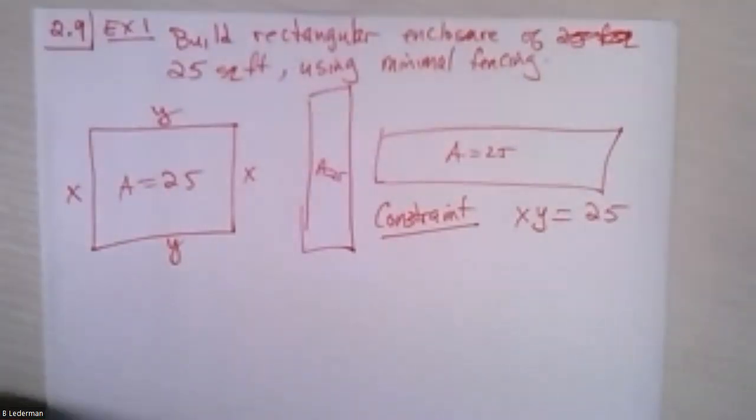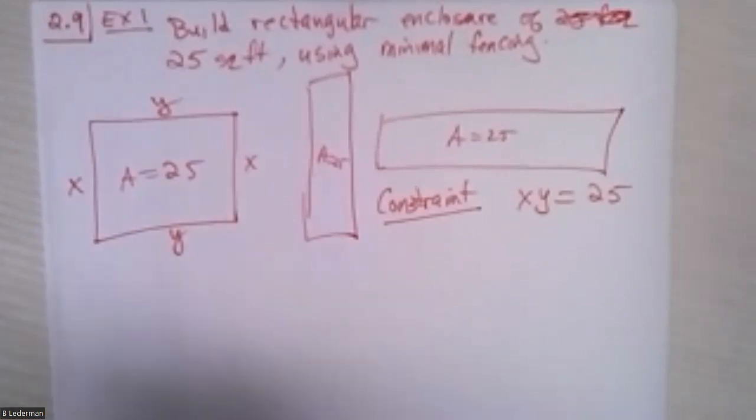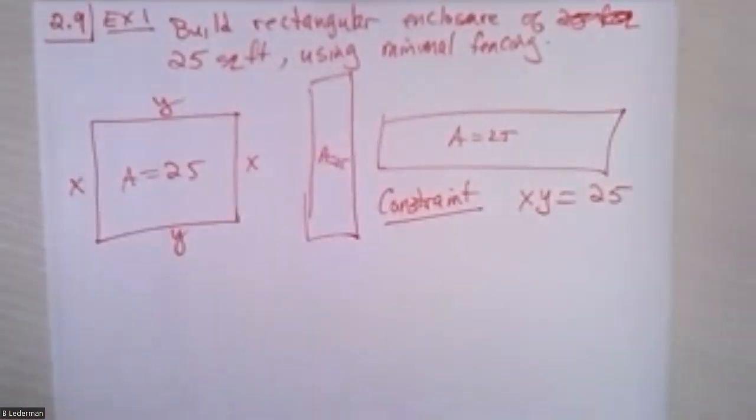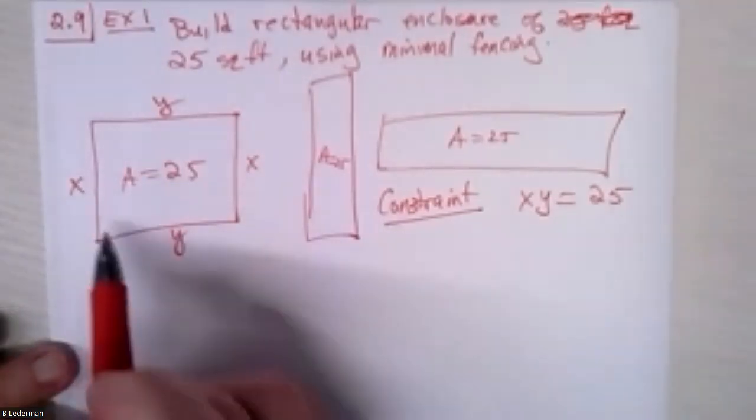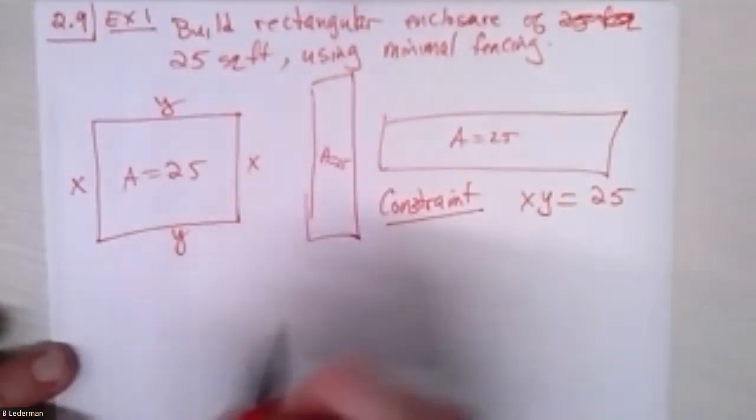Okay. Now, what is it that we want? We want to minimize the amount of fencing I use. So in other words, I want a rectangle whose area is 25 and the perimeter of the rectangle should be a minimum. Meaning if I add up the four sides, it should be a minimum number, because I want to use a minimum amount of fencing. So what is the perimeter? Funny you should ask.